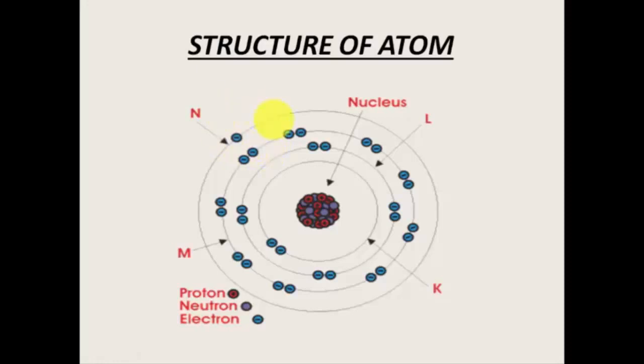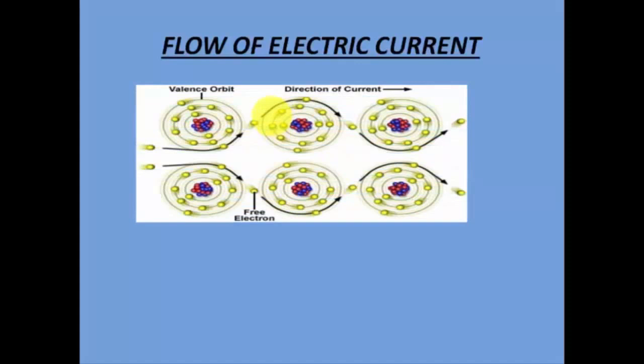So what happens is this loosely bound electron tends to move, and it tends to get detached from the atom, and it moves to the other atom. This is how the electrons are transferred from one atom onto the other atom, and this is how the electric current also flows. I will explain to you in a clearer format.